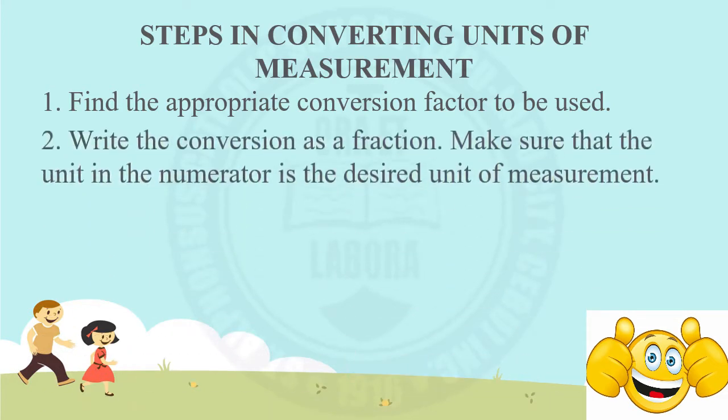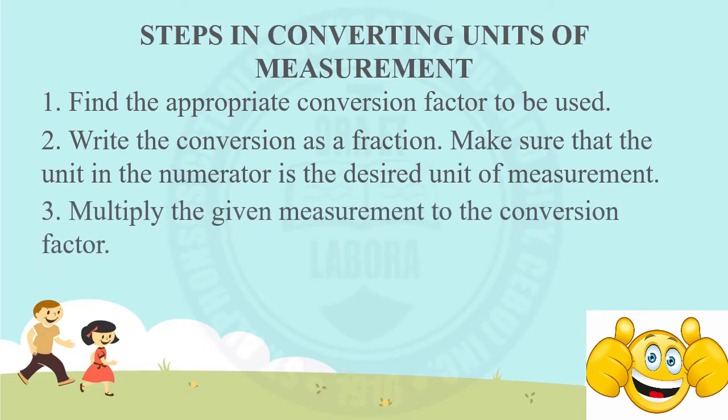Second, write the conversion as a fraction. Make sure that the unit in the numerator is the desired unit of measurement. So it means that if we are looking for feet, then the numerator for our desired unit must be in feet.